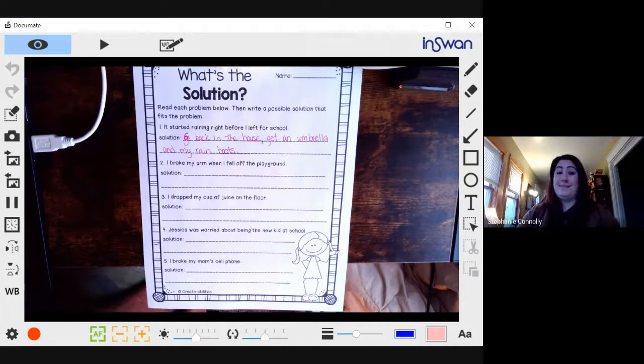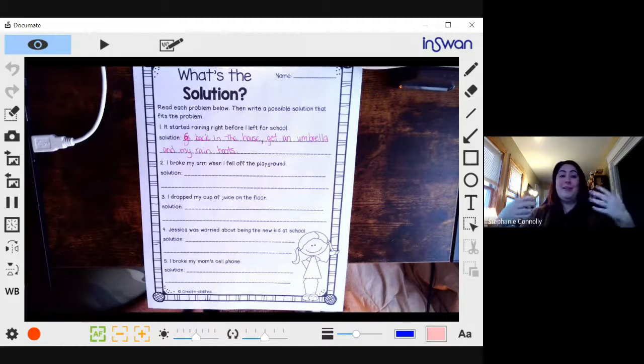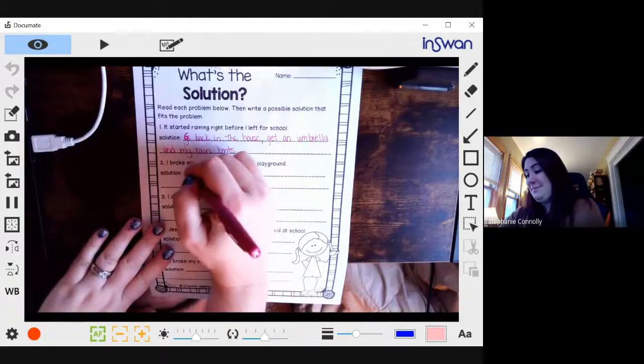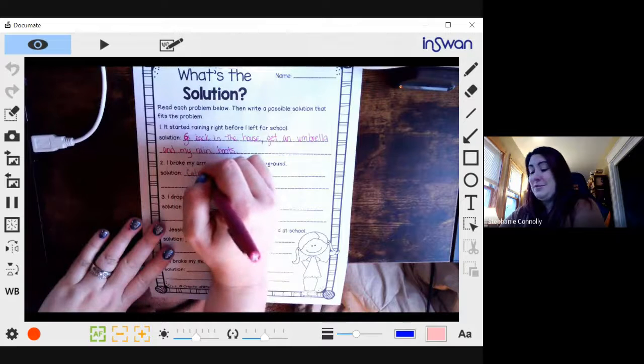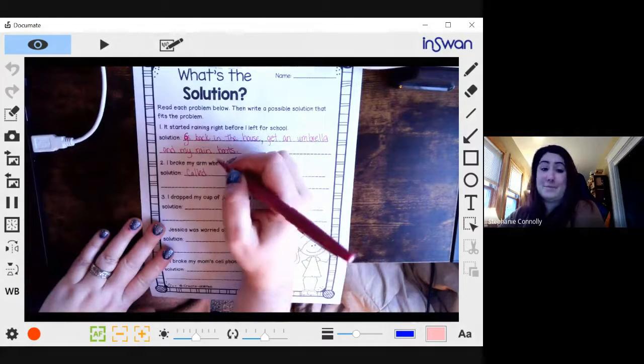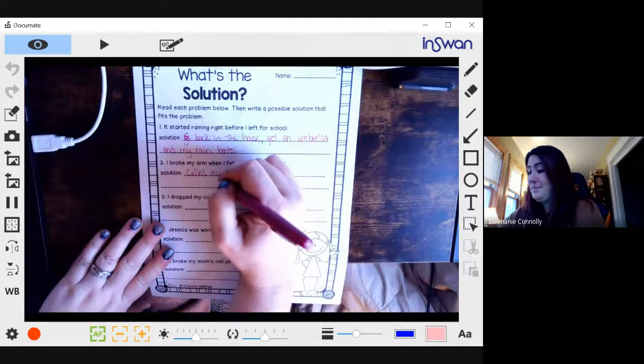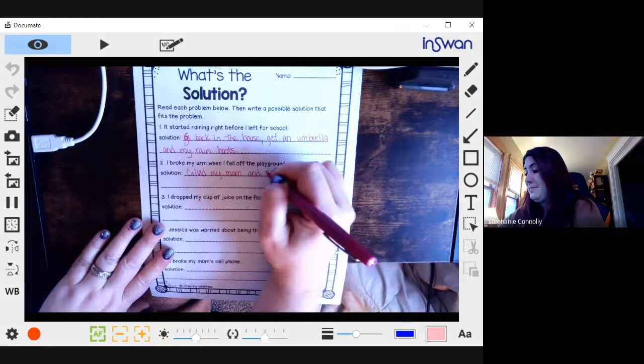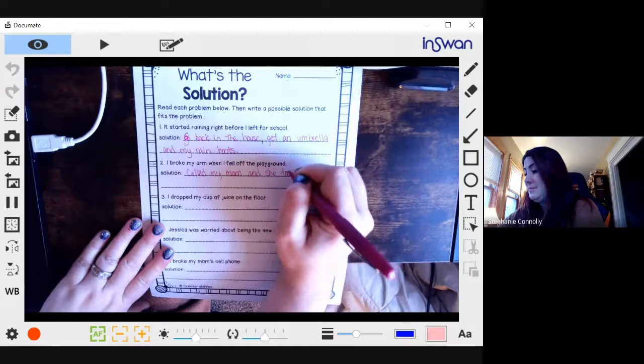So my solution when I broke my arm was I immediately called my mom, told her I broke my arm, and had to go to the hospital. That was my solution. I don't know what your solution might be, but that was mine. Called my mom, and she took me to the hospital.